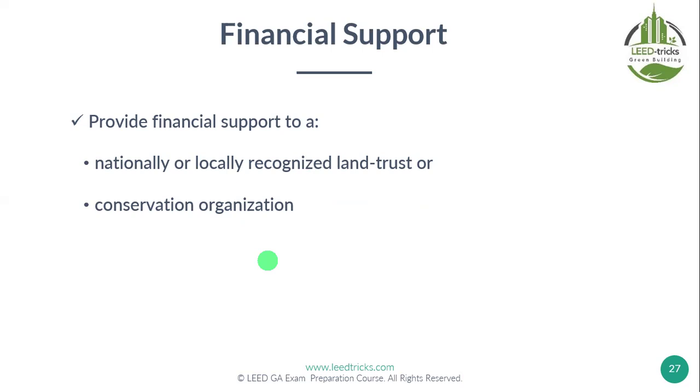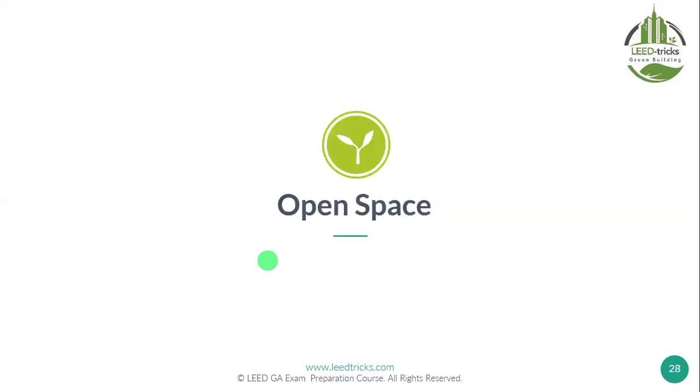You need to pay money to any registered international or local organization, but it should be recognized, of course. How much will you pay? You always pay per square meter, around maybe $1 or 0.75 US dollars per square meter. You need to know the exact number for the LEED AP exam.